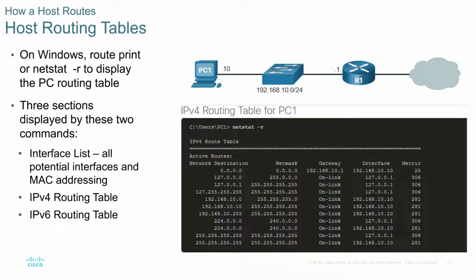If you want to see the routing table on your PC, you can select in the command prompt, route print, or netstat space -r to display the routing table. 3 sections are displayed by these 2 commands: the interface list, so all potential interfaces and MAC addresses, the IPv4 routing table, and the IPv6 routing table.